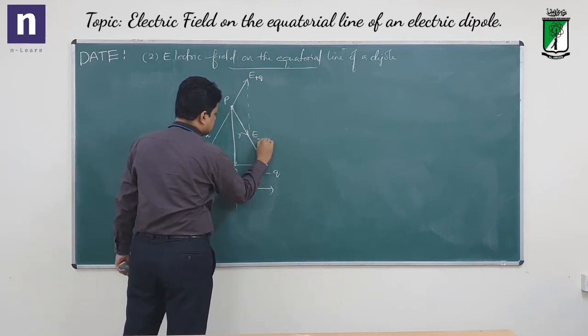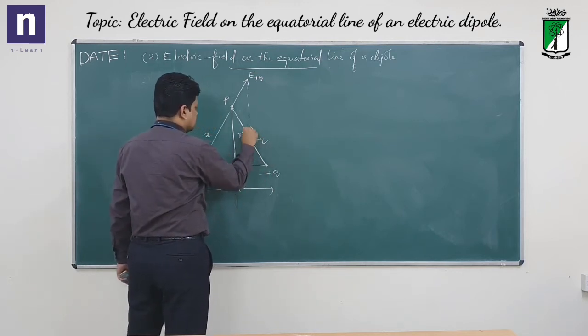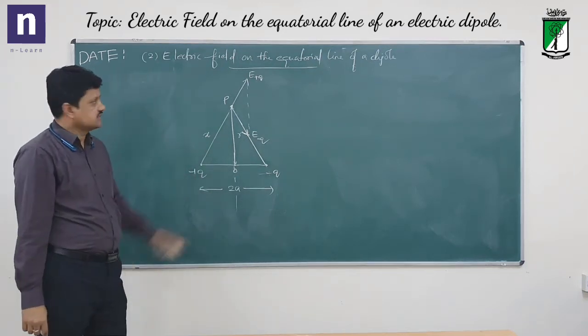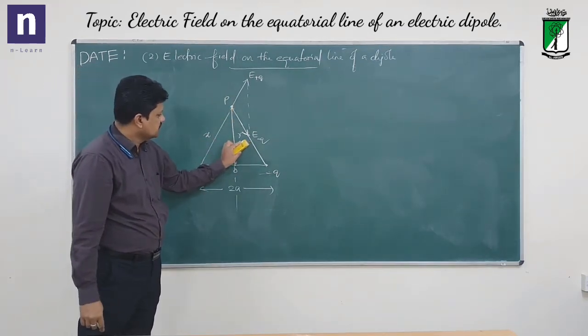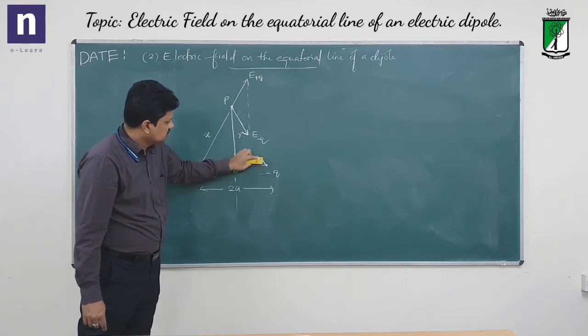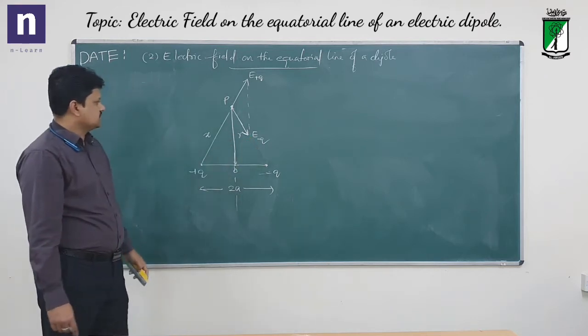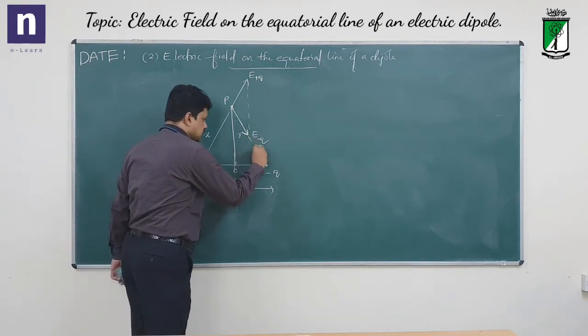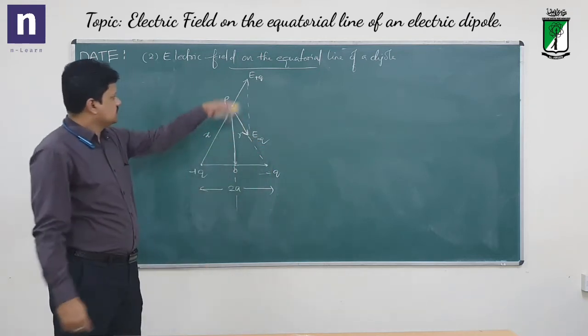This is E minus Q. These are the two fields, E plus Q and E minus Q.